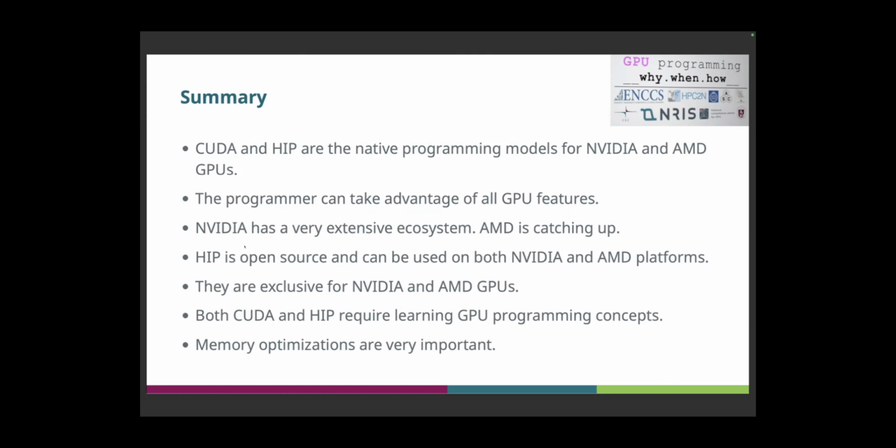And we also saw an example of what kind of optimization we need to do on the GPUs. I think this kind of optimization is something that almost all applications need. The memory optimization in the kernel is needed for any problem that is not vector addition.